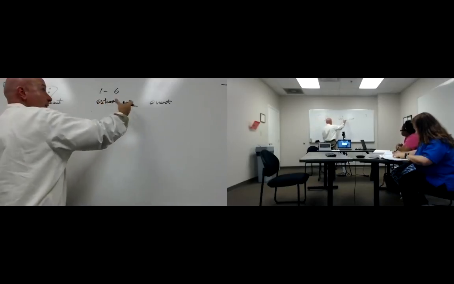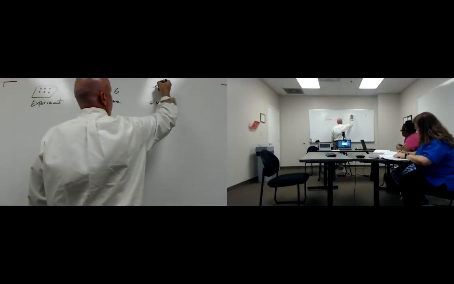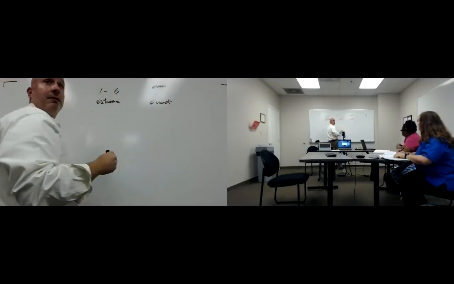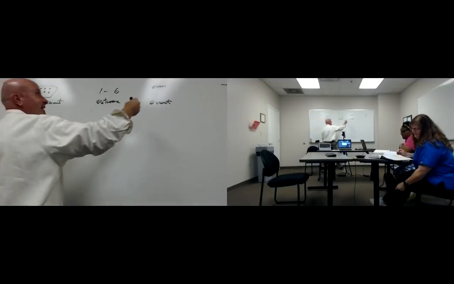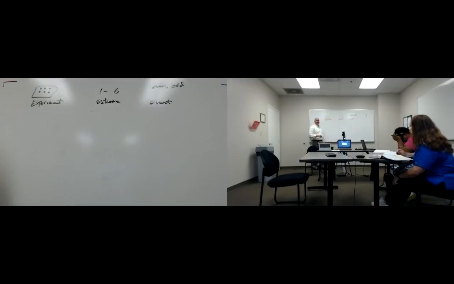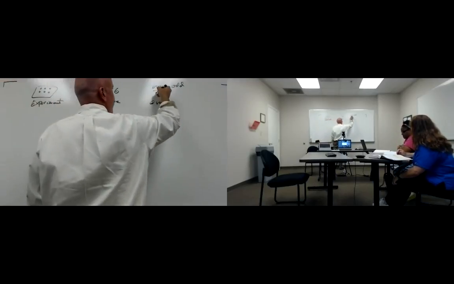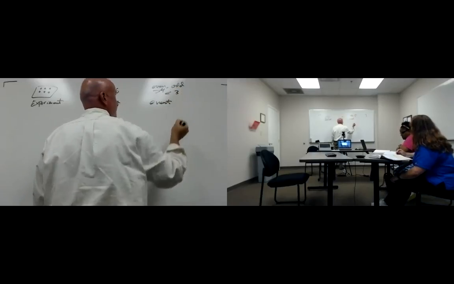But if I roll it 10 times, what are some of the events I could collect? Even numbers, odds, numbers greater than 4. I might roll a 5 and a 6, or numbers less than 3.